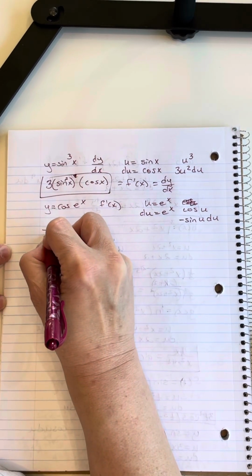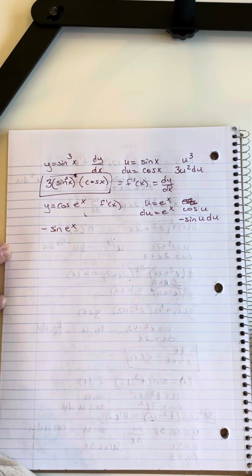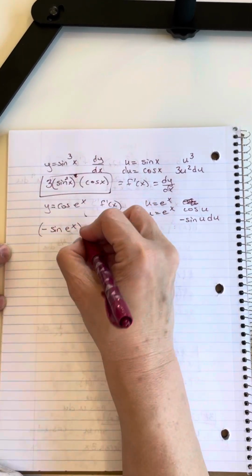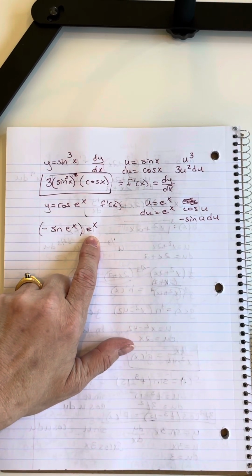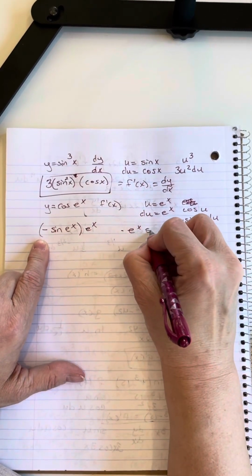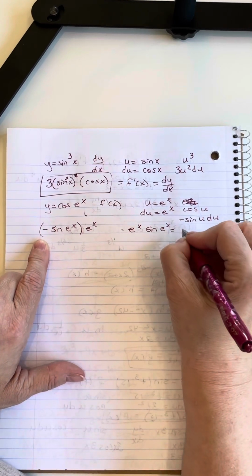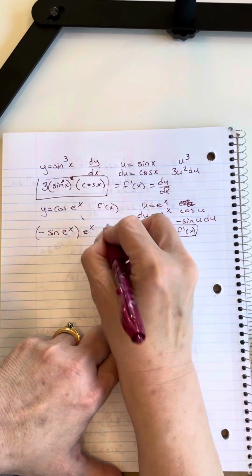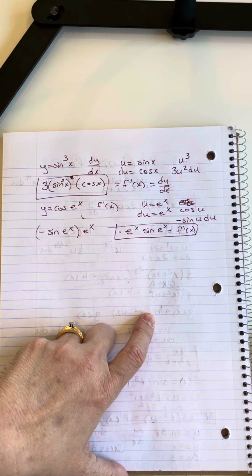So negative sine of e to the x multiplying with du, which was e to the x. My guess is they're going to put that in the front. Yes, so they're going to write that as negative e to the x, and then sine of e to the x, and I would have said f prime.